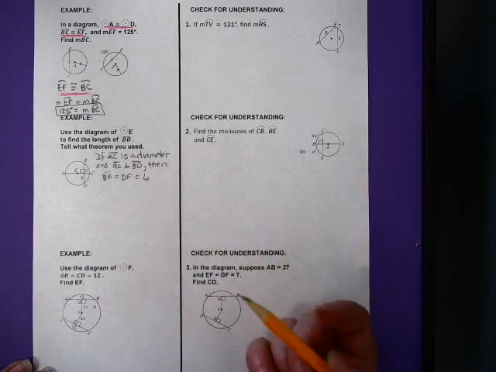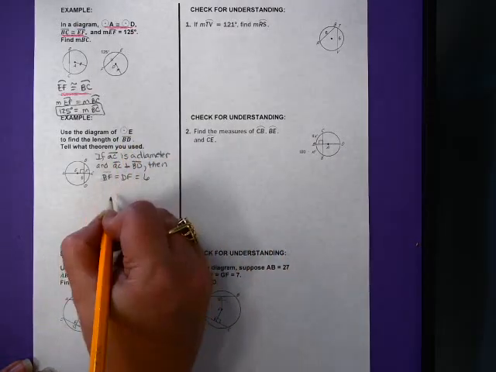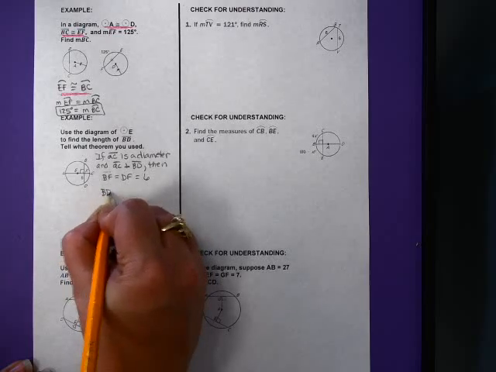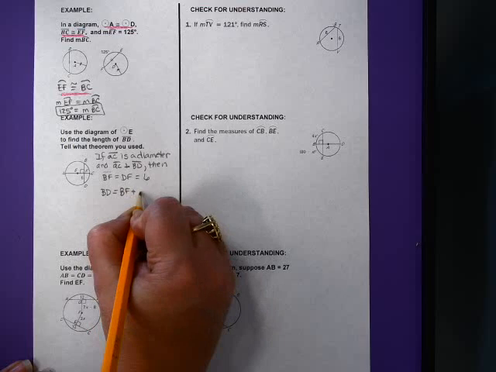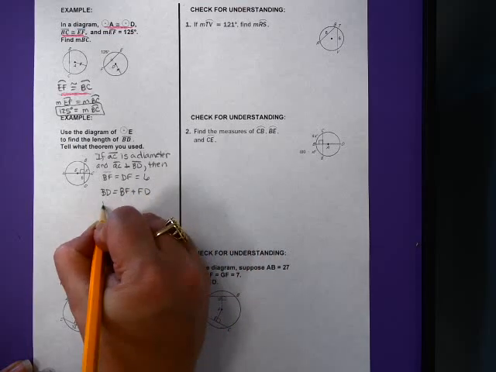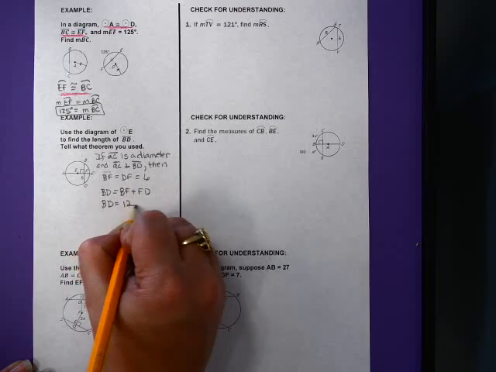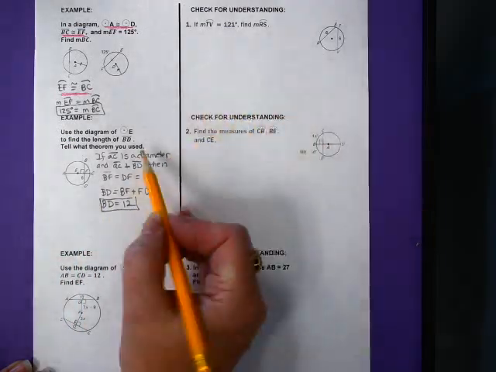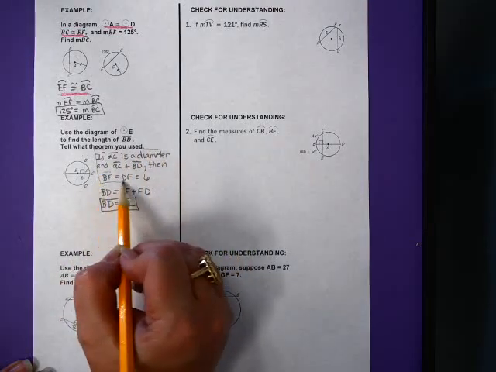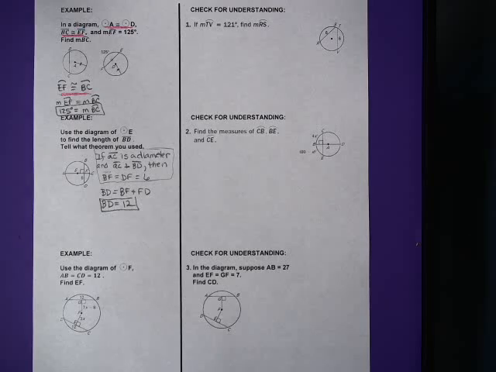All right, but they didn't want that information. They wanted to know what the length of BD was. Well, BD we know is BF plus FD. So BD has to be 6 plus 6, which is 12. And this is the theorem that we used. All right, next.